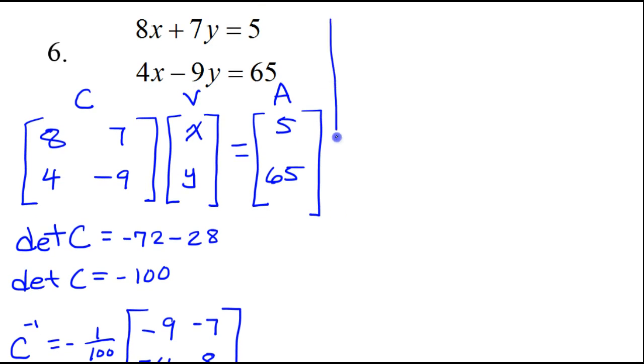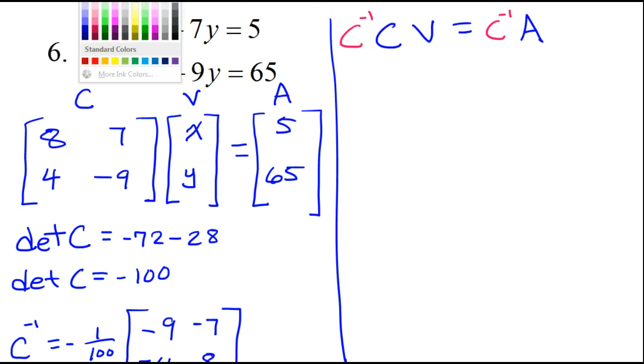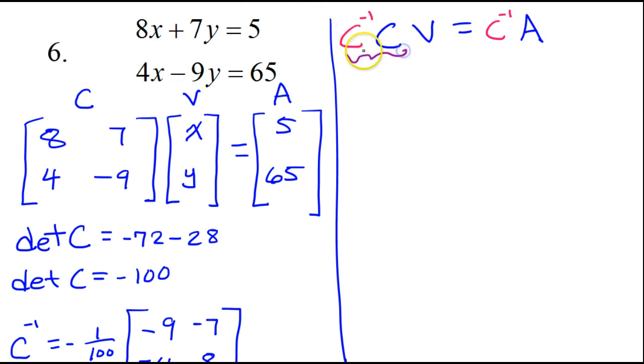I'm just going to draw a big line here to separate from the rest of my work. So here's the matrix equation that we are starting with: matrix C times matrix V is equal to matrix A. If we multiply the left side of each equation by the inverse of C, what's going to happen is, when you multiply the inverse of a matrix times itself, you're going to get the identity matrix.